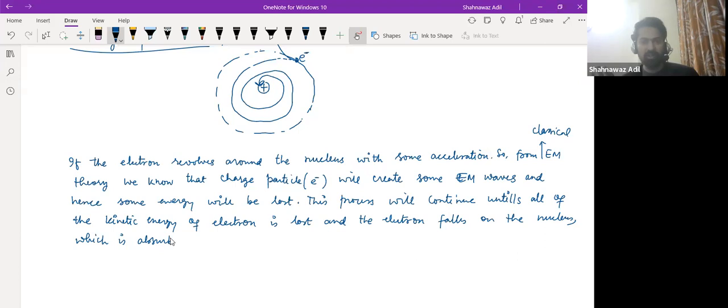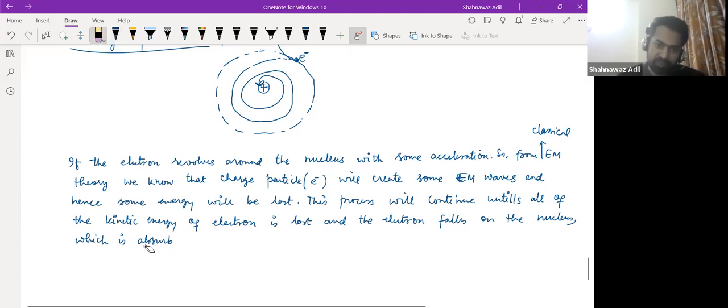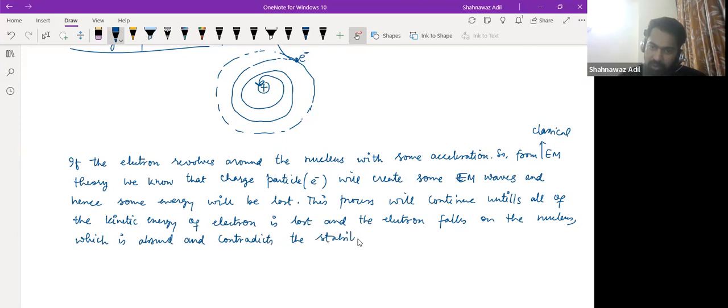We see all the humans, everything in nature is perfectly stable, right? So this is absurd and contradicts the stability of the atom. So this was the first drawback.